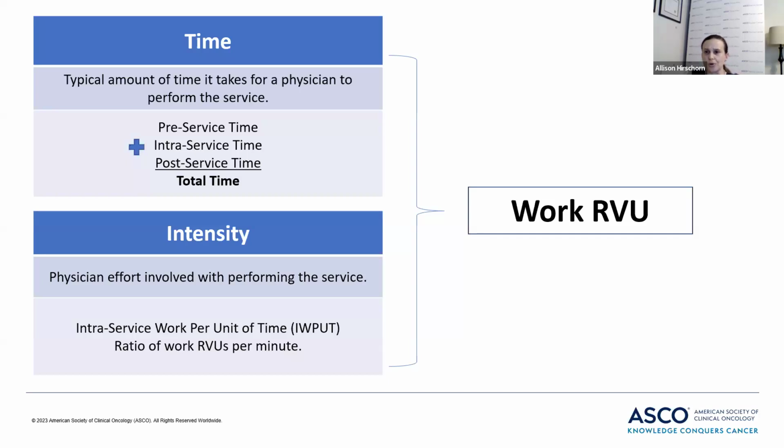The second component of the work RVU is the intensity complexity. In other words, the physician effort involved with performing the service. But in order to quantify the intensity, an intra-service work per unit of time is calculated, creating a ratio of RVUs per minute.